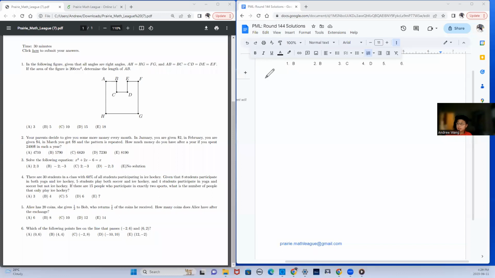So first side is A for Alice's side. Second side is B for Bob's side. So Alice starts out with 20, and she gives half of it to Bob. So minus half of her total, which is 20.